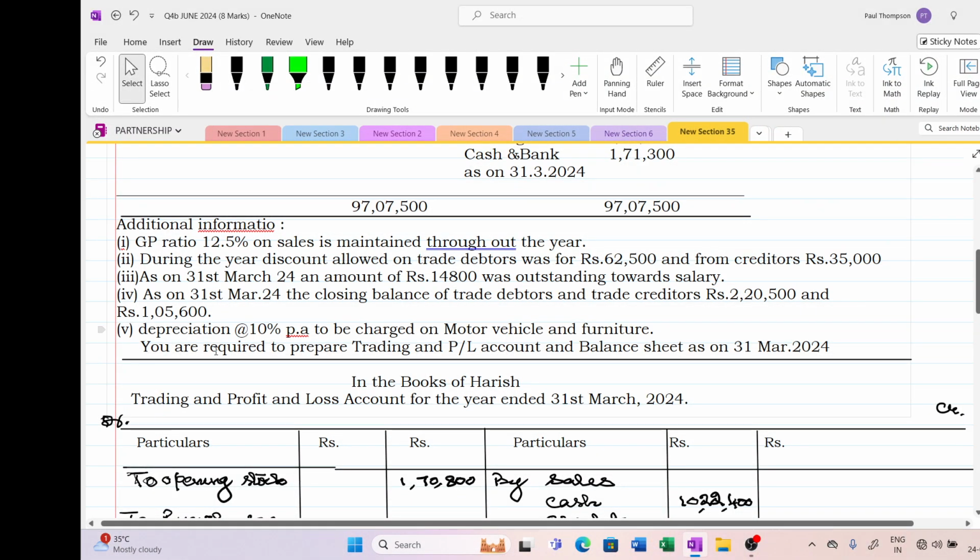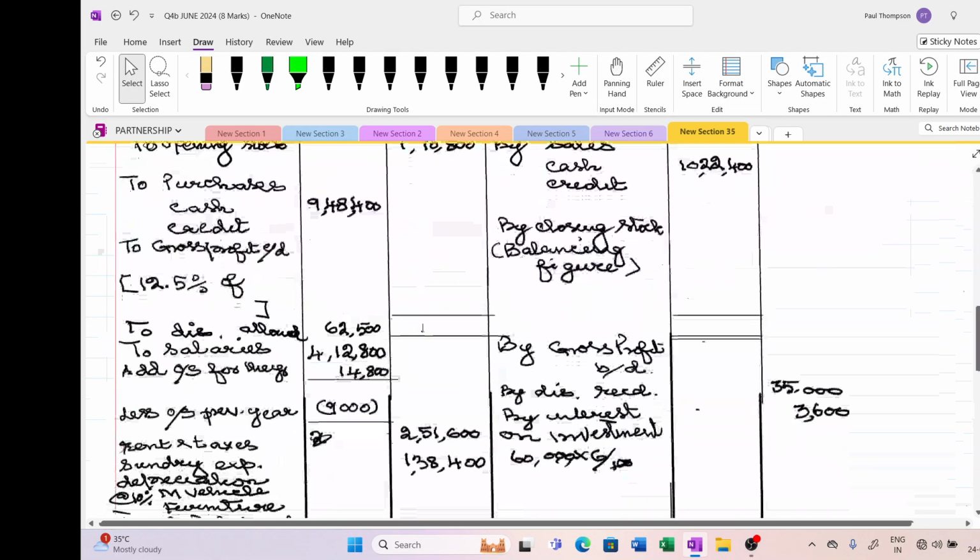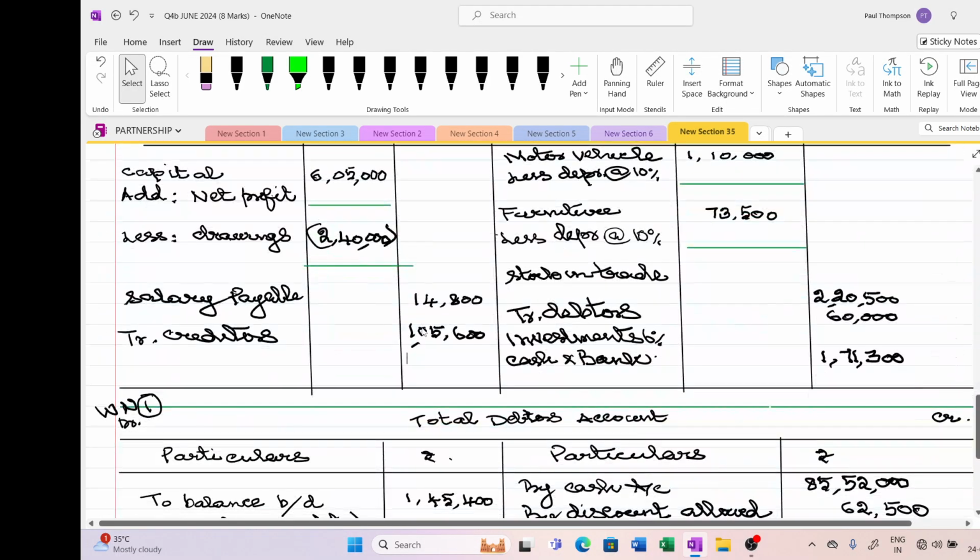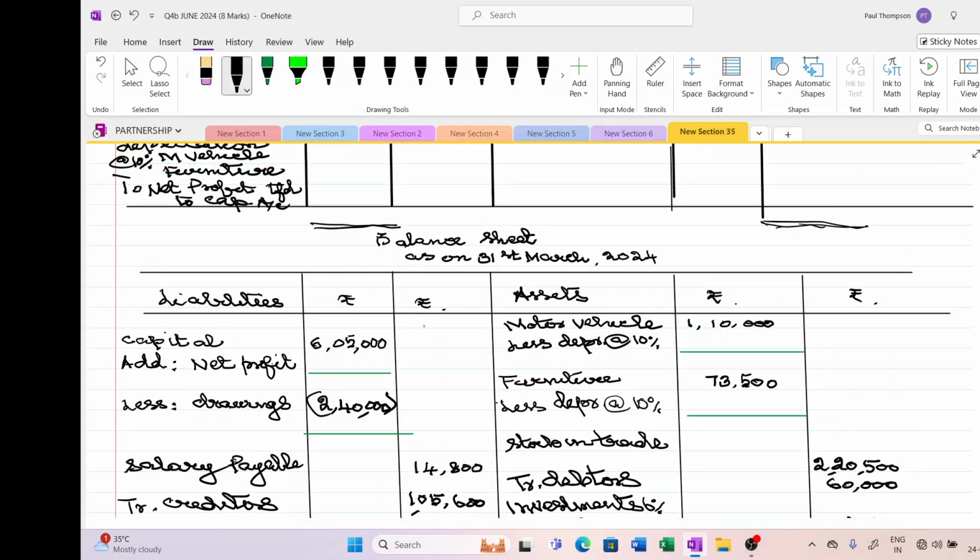Now fifth one is depreciation. 10% on motor vehicle and furniture. So 10% on motor vehicle comes to 11,000 and 10% on furniture 7,350. We will subtract it later.